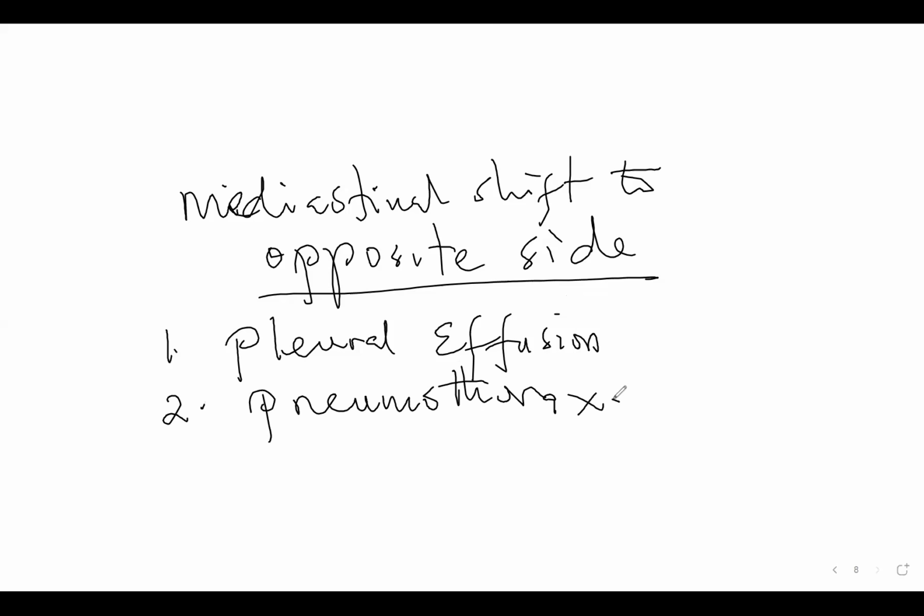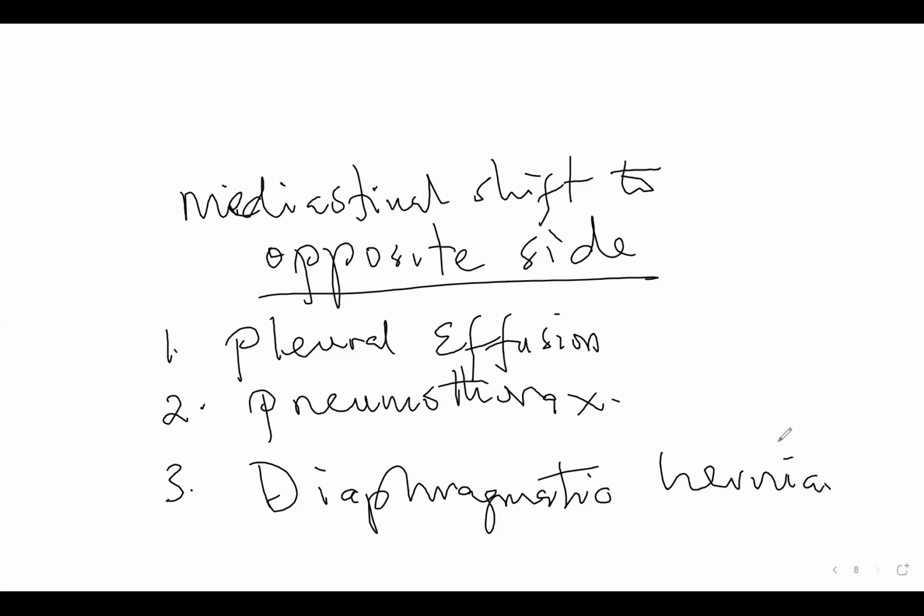And importantly, again, you need to know about a condition called diaphragmatic hernias. Diaphragmatic hernias, when you have a rent or a defect in the diaphragm and content of the abdomen, maybe stomach or intestine, enters the chest, the thorax, it causes increase in pressure in that hemithorax, which shifts the mediastinum to the opposite side.